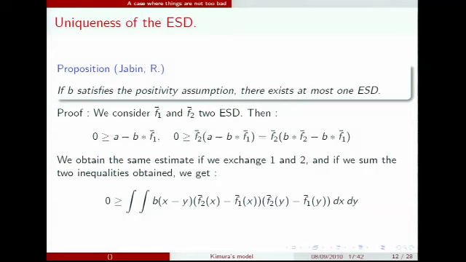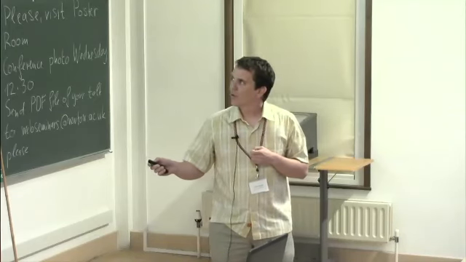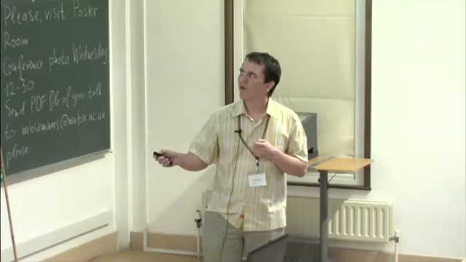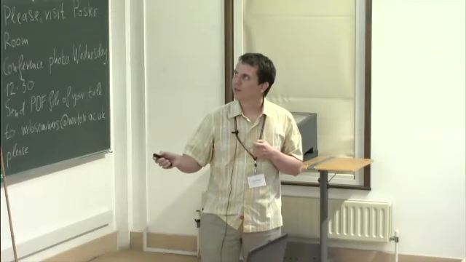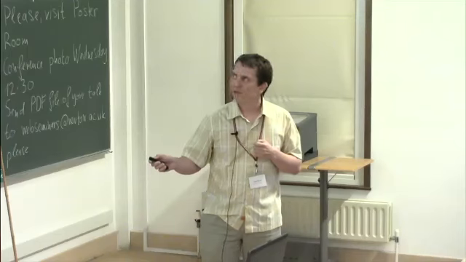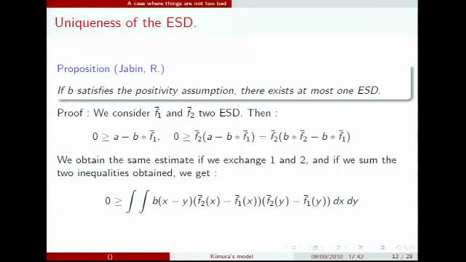And since A equals B convolved with F2 bar on the support of F2 bar, we can replace this A by B convolved with F2 bar. Now you can just exchange the 1 and 2 indexes because it is a symmetric problem. And if you add the two inequalities that you have, you get this inequality here.